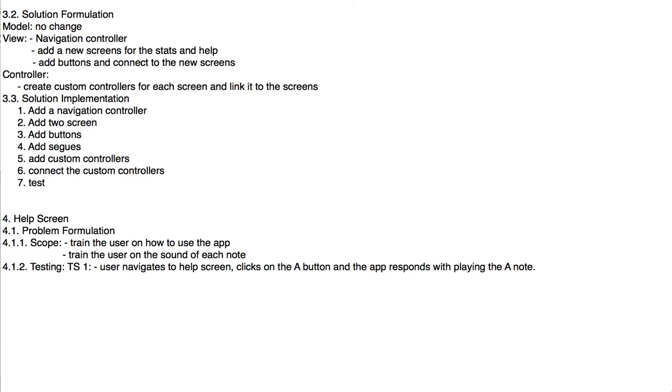And then you have testing scenario 2, and in this case you have to actually repeat testing scenario 1 for each of the notes to make sure that they all work correctly. I had a situation before where the developer tested 6 of the 12 notes, but there was a problem in one of the others that they didn't test, and it was only discovered after everything has been completed.